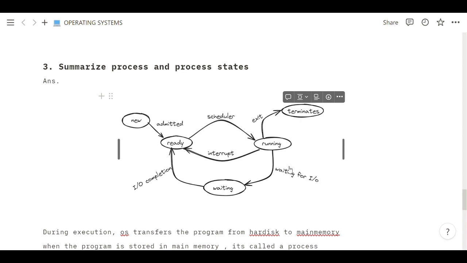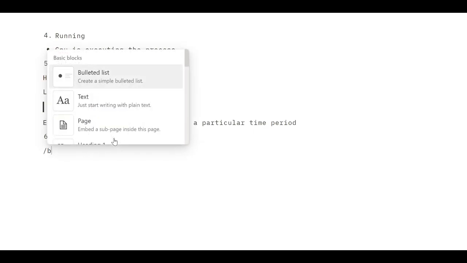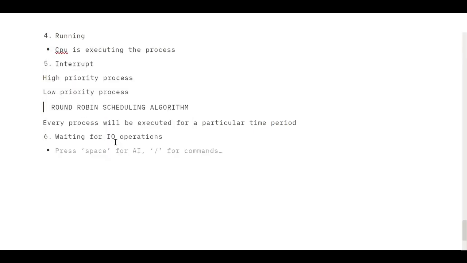For this, let us write one definition here: waiting for IO operations. What is this? The process running in the CPU and the IO operation. Going to the waiting state, this will be our next state.